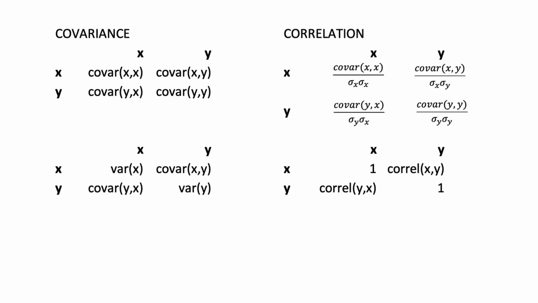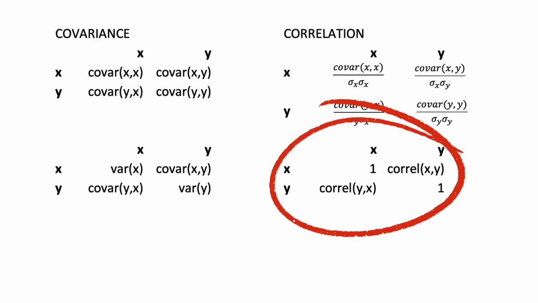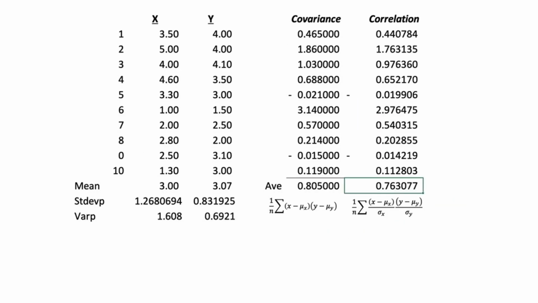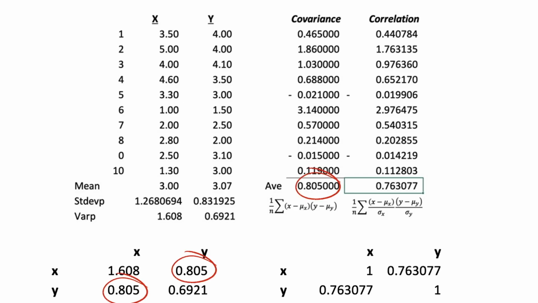And therefore, the correlation matrix would look like this. And notice that the diagonal for the correlation matrix is simply 1. Let's compute the matrix from what we have so far. Please feel free again to check the video description for the values in the video. So we know that the covariance between x and y is 0.805. So we plug that into the matrix.